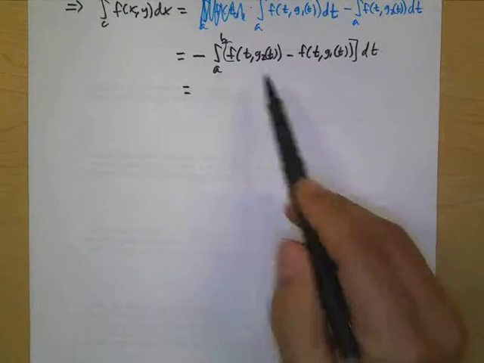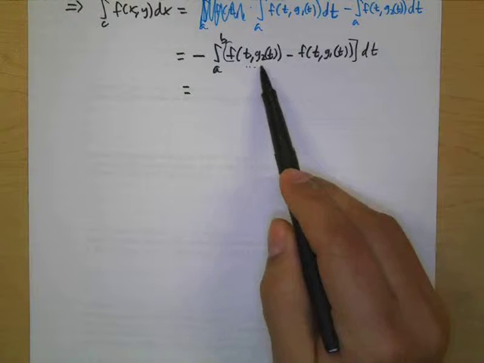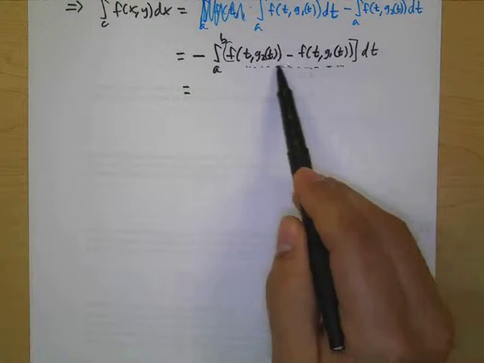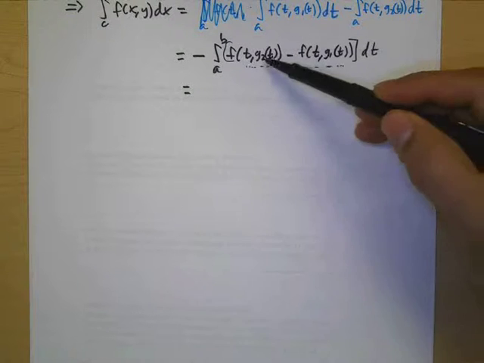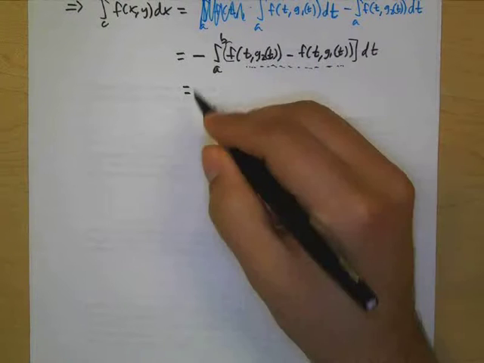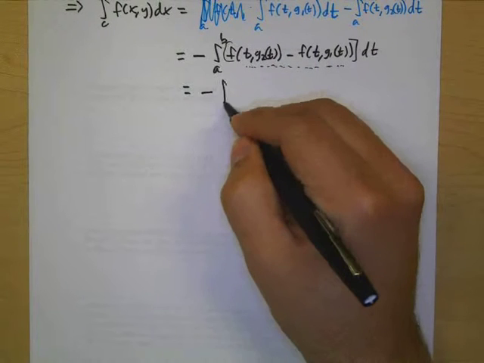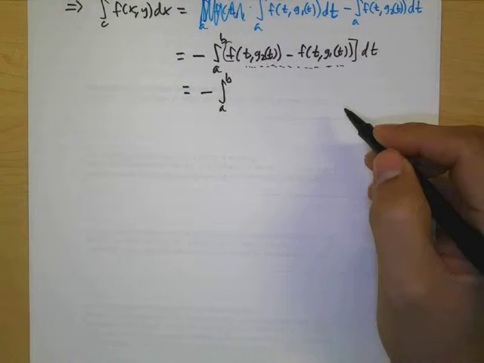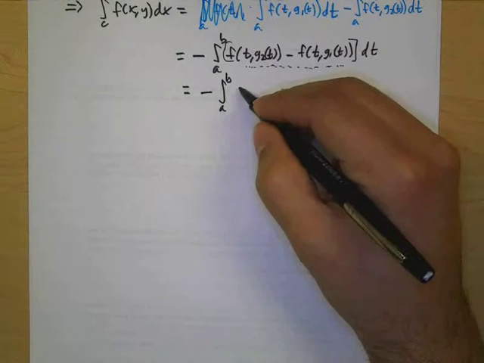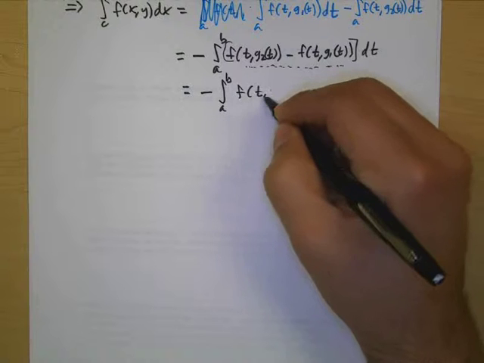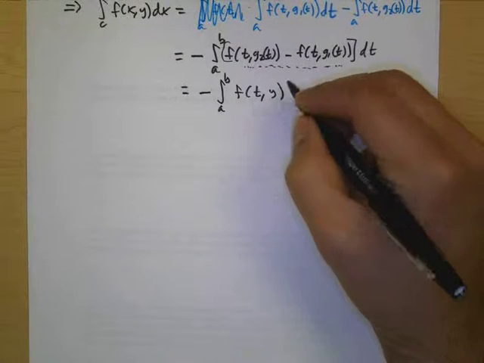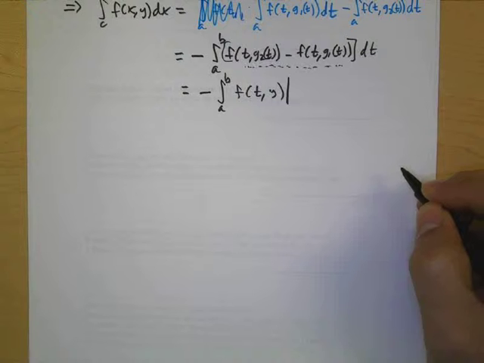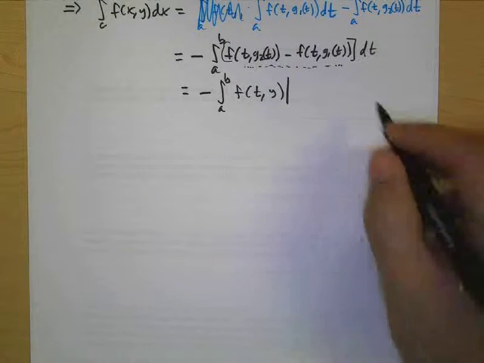Well, doesn't this look suspiciously like an integral was evaluated in here, when you plug in upper bound, lower bound? So let's write what that had to have been. That means we had some function, f of t comma y, and y was evaluated from what? g1 to g2.